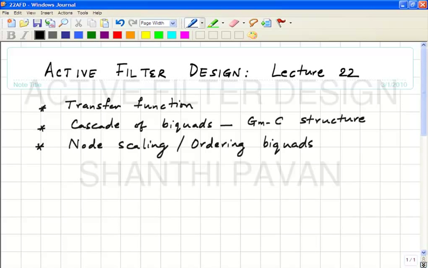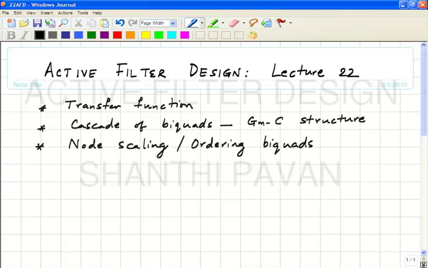To refresh your memory, a second order GMC section is emulating what kind of passive structure? You can think about it as either emulating a parallel RLC network or a series RLC network. Both of these are second order structures.